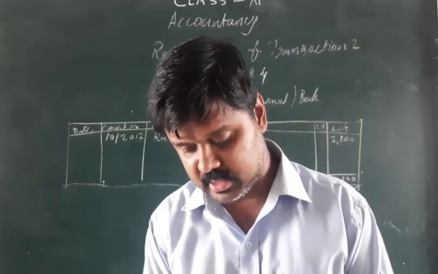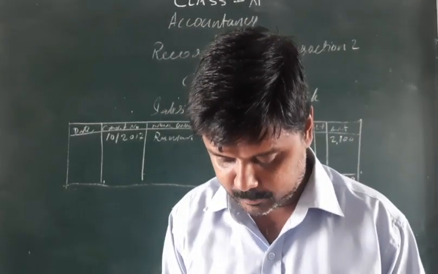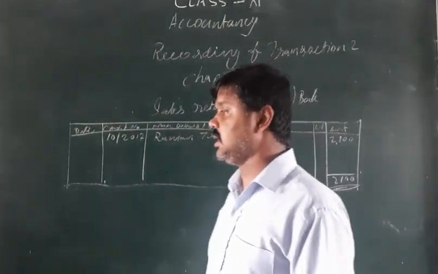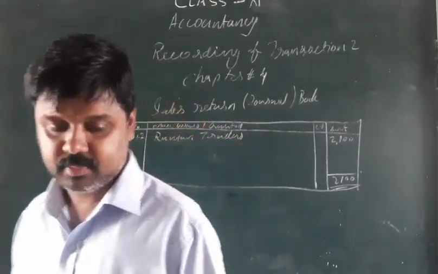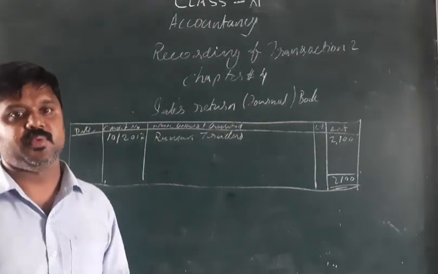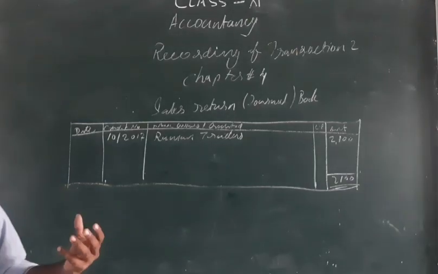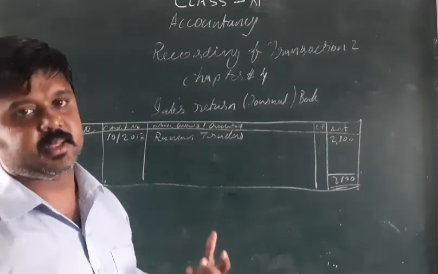Next we can see the journal proper. In the journal proper, we record all other entries. That means purchase of land, purchase of assets, all other entries, all opening and closing entries.